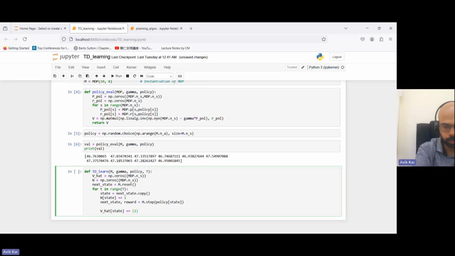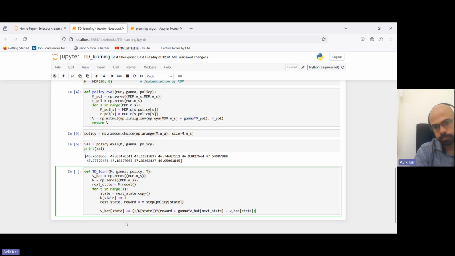So 1 divided by n of state, times the reward we have got at that particular state, plus gamma times V hat of next state, minus V hat of current state.